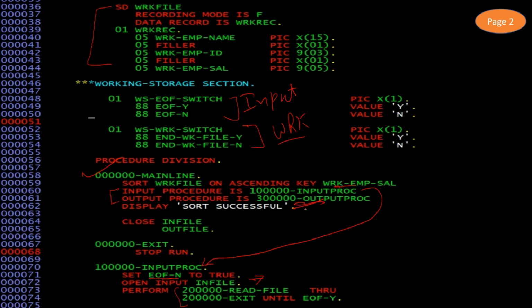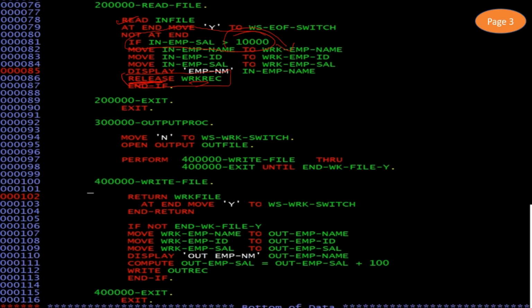So in the output procedure, what we are doing: first of all we are setting the switch. Okay, and then we are opening the output file, and then we are writing the data till the end of the work file is reached, meaning all the records from the work file have been read.